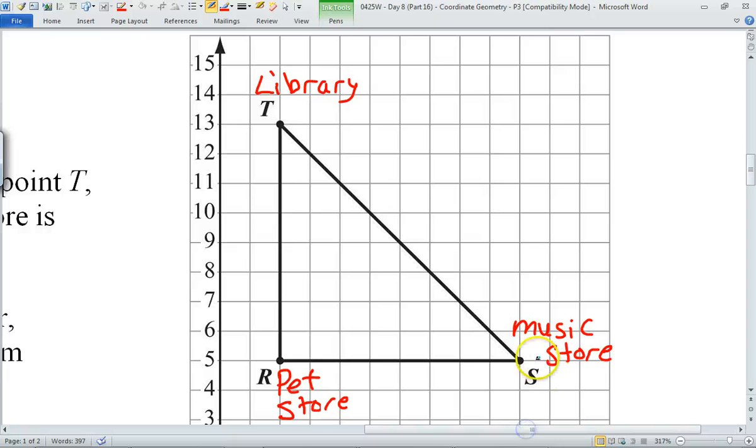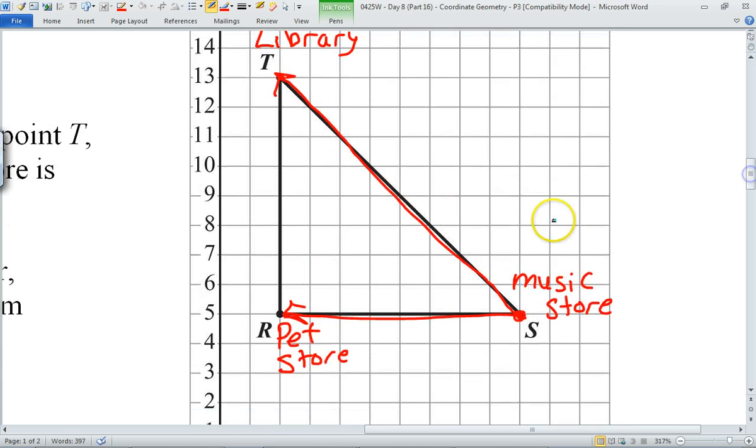So these are the two distances we're finding. The distance from the music store to the pet store, and the distance from the music store to the library. Obviously, the distance to the library is longer. The question is, how much longer? Now, one of these two distances you should be able to just look at and know in seconds without any calculation.